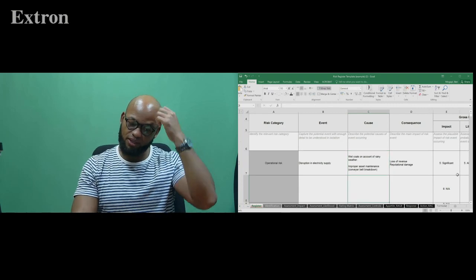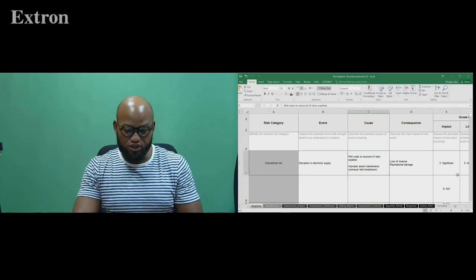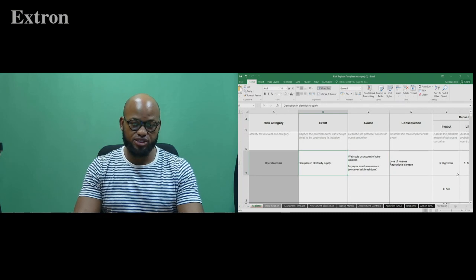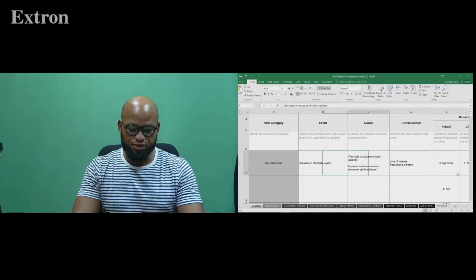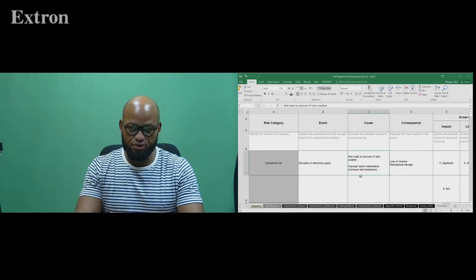That could be another cause of the same risk event. These are the threats that I referred to earlier on. The threats are effectively what's causing or driving our risk event.